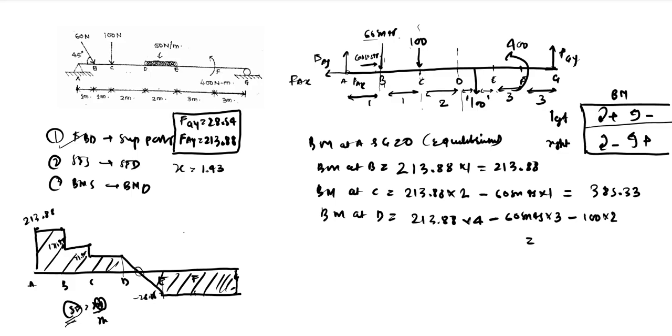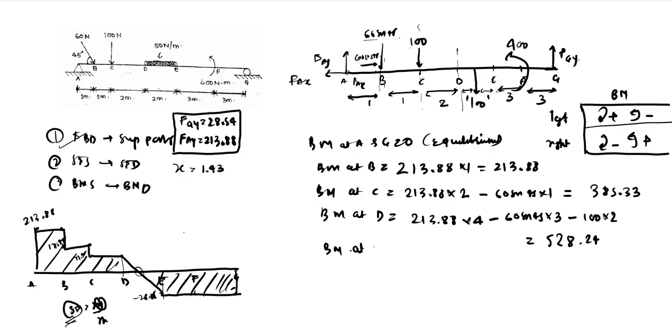So we have 213.88 into 4 minus 60 into sin 45 into 3 minus 200, which is 528.24.